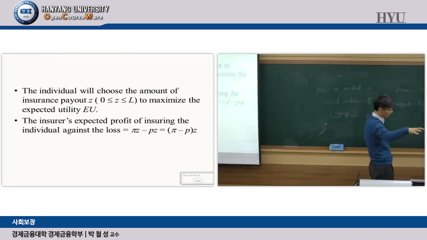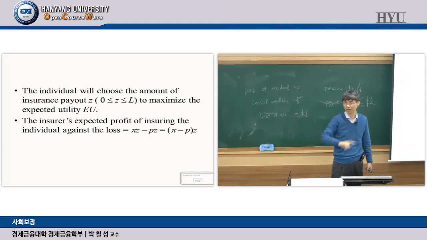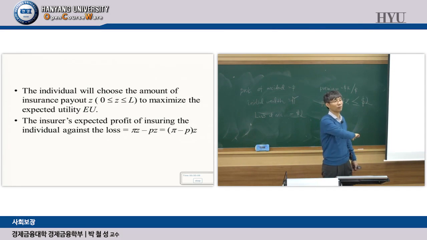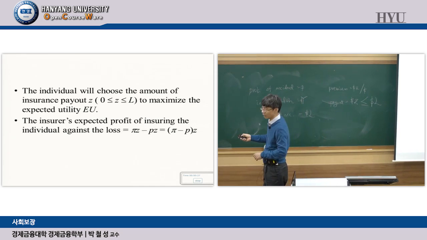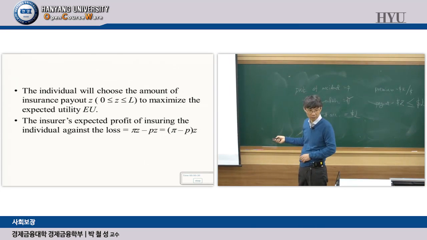Obviously, it does not mean that the insurance company will make that profit out of only one client. They have to have a large number of customers to actually realize that expected profit. So what's important for the insurance company is to have enough customers. If you have one or two, that obviously doesn't make any sense. You have to have a large number, tens of thousands, even hundreds of thousands.